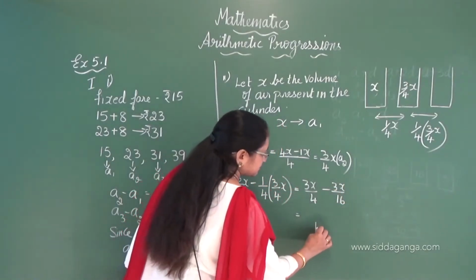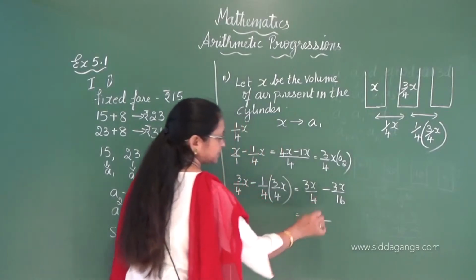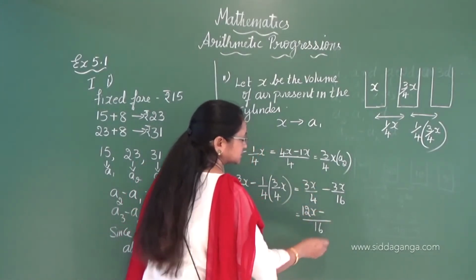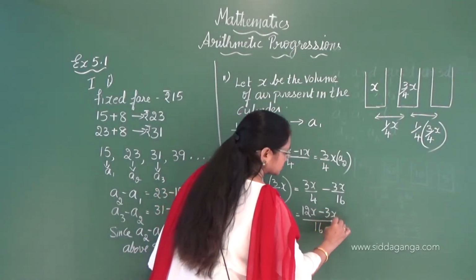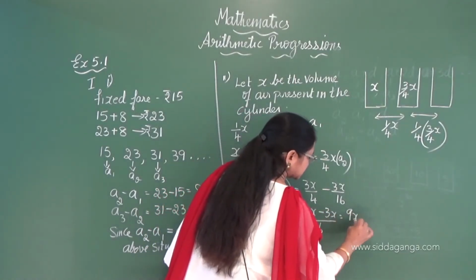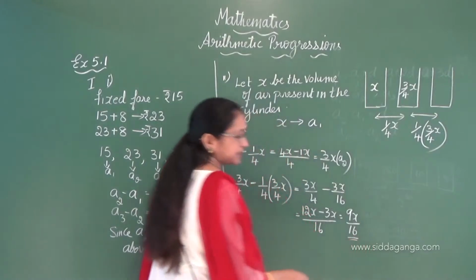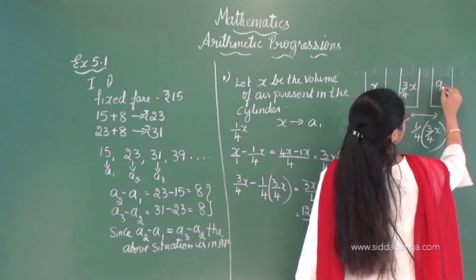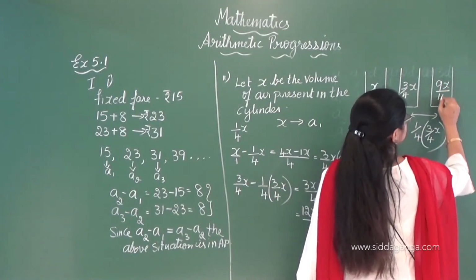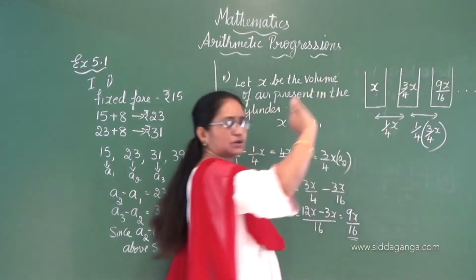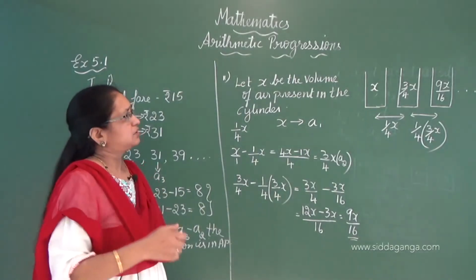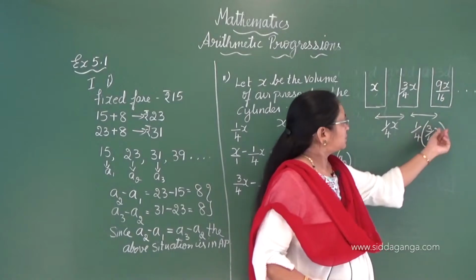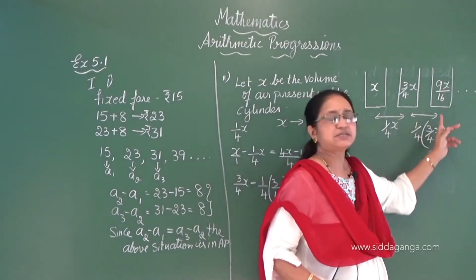So what is the LCM? 16 is the LCM. 4 4s are 16, 4 3s are 12x minus 3x. So this will give you 9x by 16. So here we will be having 9x by 16 and so on. We are going to remove 1 by 4th of what is remaining here. Next one would be 1 by 4th of 9x by 16.